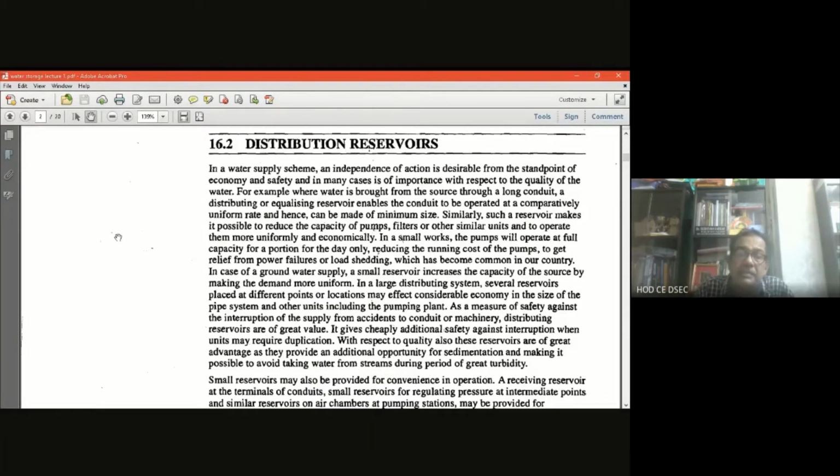So the importance of the reservoir in water distribution, I must say, is not only the quality, but also maintaining uniform flow, making the economy, and serving emergency purposes, like accidental cases, load shedding and breakdown. These reservoirs will contribute to the distribution of the water to the system. That much I can say.